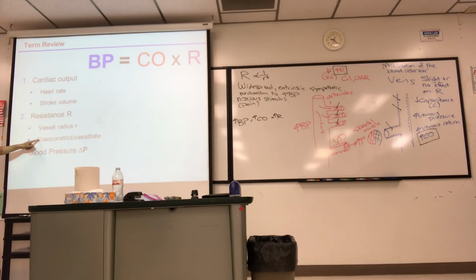If you constrict, you increase resistance, and that increases blood pressure. And the increases always go hand in hand. It's not like you do one and not the other. Blood pressure, that's the thing you control. So the 1 and the 2 control 3. So it's really understanding these bullet points here is how you control blood pressure. I think that's about as simplified as I can make it.